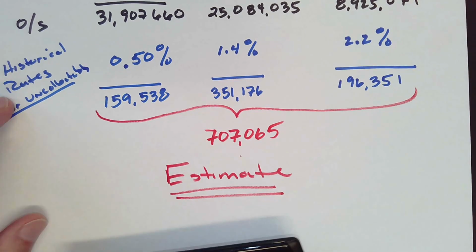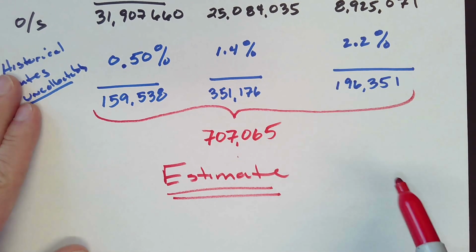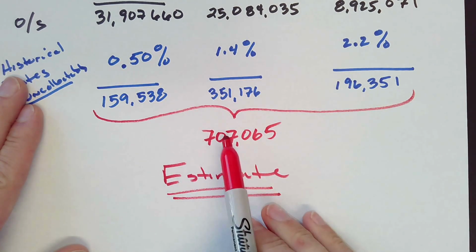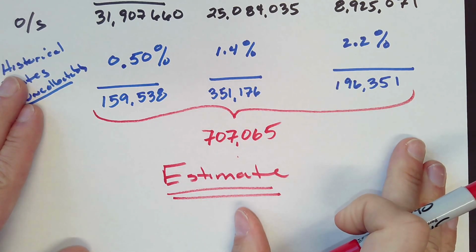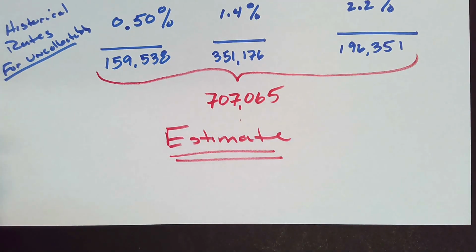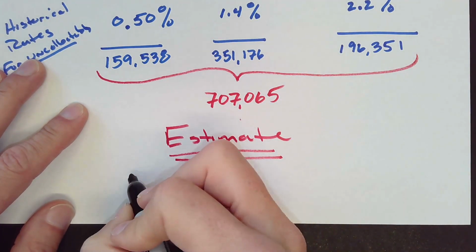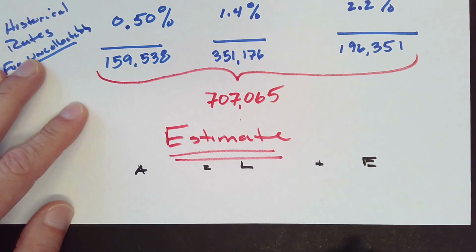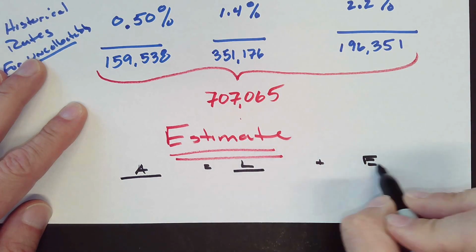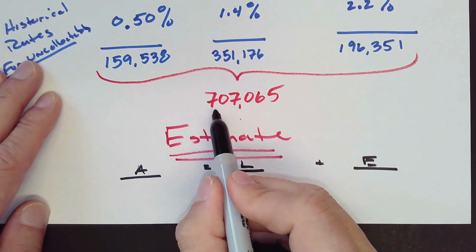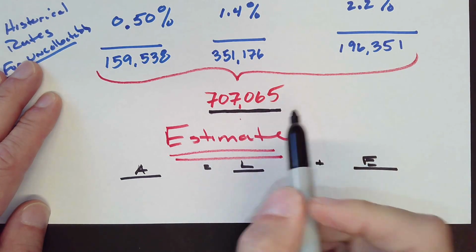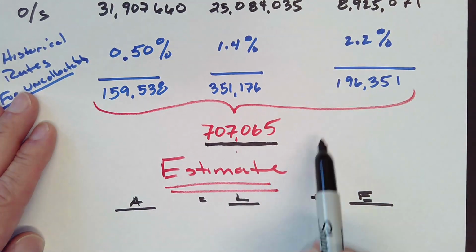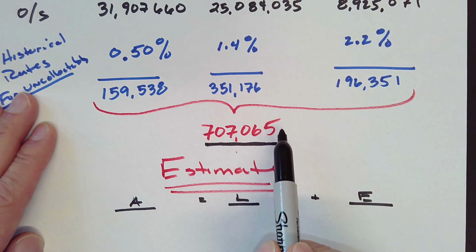So how do we book that in our financial statements? If we had 0 previously, and this is the first time we're booking this, this is what it's going to look like. We're going to put our little assets equals liabilities plus equity. Our asset is going to go down by this amount, because we've got 65 million 9 and of that, we don't believe that we're going to have 707,065 collected.